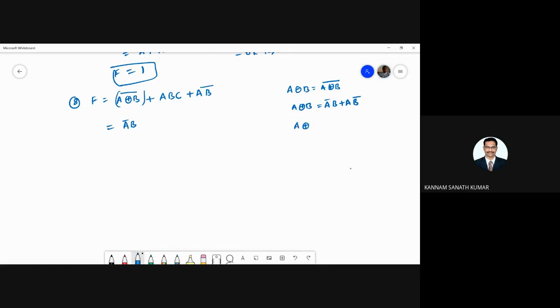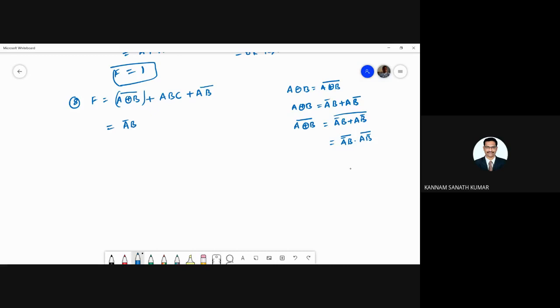So A XOR B whole complement equal to what? A bar B plus AB bar whole bar. Okay. Now you have to apply De Morgan. So that means A bar B whole bar into A B bar whole bar. Okay. So we have to apply De Morgan.